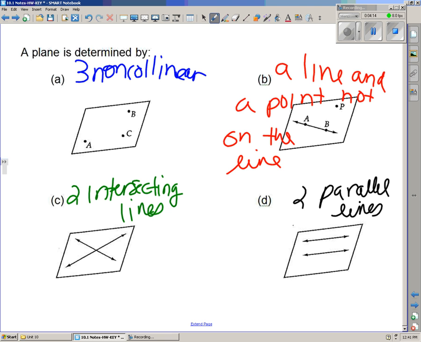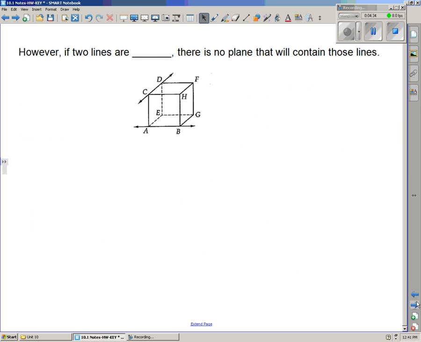So if you ever have a situation where you have 3 non-collinear points, a point that's not on a line, 2 intersecting lines or 2 parallel lines, you can always find a plane that can contain all of those different things. However, if the 2 lines are skew, there is never going to be a plane that's going to contain those 2 lines.